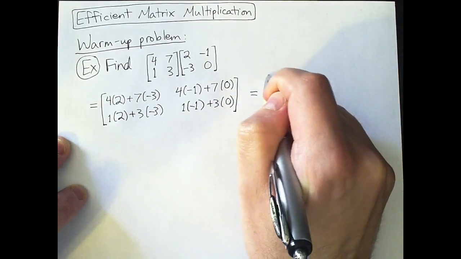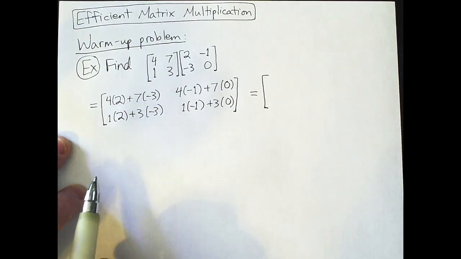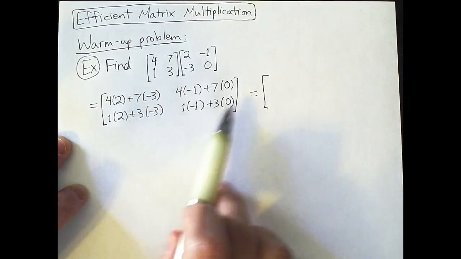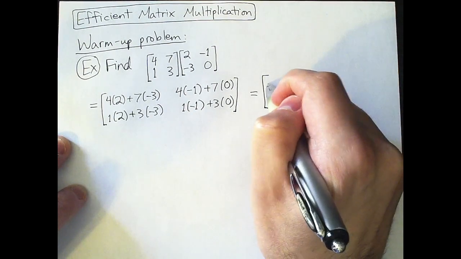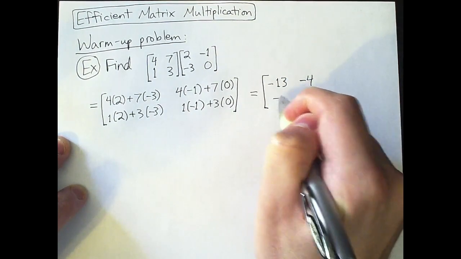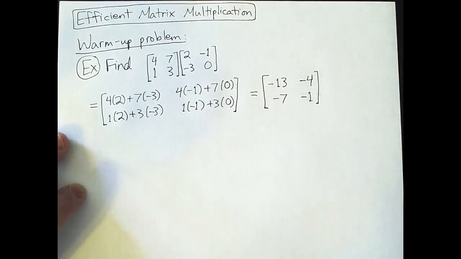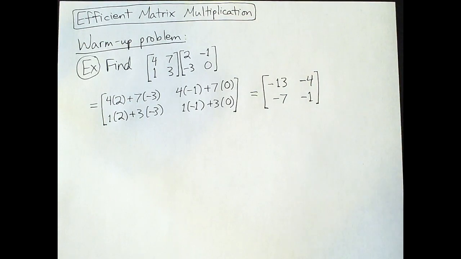All that's left to do is simplify this. So you do these multiplications and you do these additions, and you wind up getting -13, -4, -7, -1. So that's the answer. We multiplied 2 by 2 matrices, and we got a 2 by 2 matrix as the result.